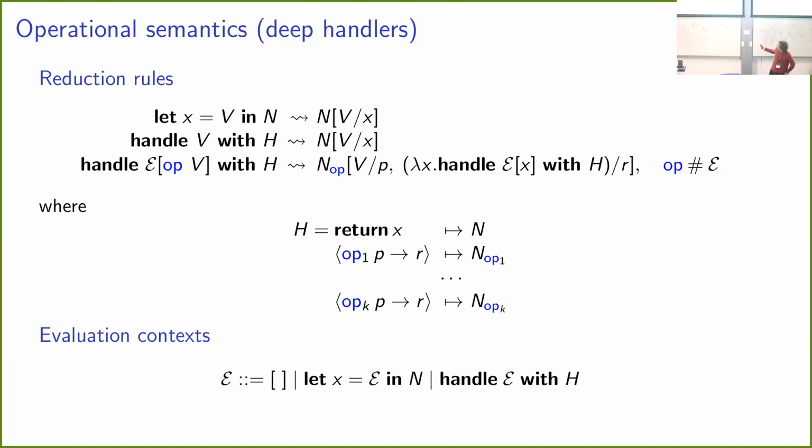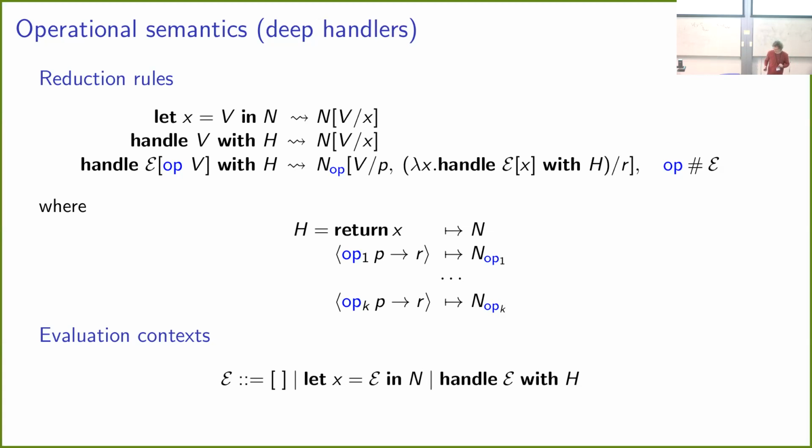All this is saying is that this operation is not allowed to be mentioned in any handlers that appear in the evaluation context. So it just ensures that the nearest enclosing handler that handles op is the one that handles it. If you think about the way exception handling works, it's the same thing. Exceptions just bubble up to the nearest handler that handles them. So do effects.